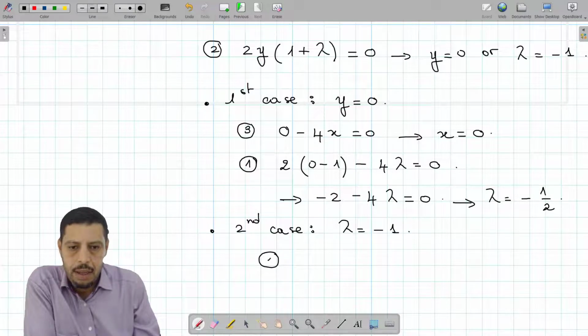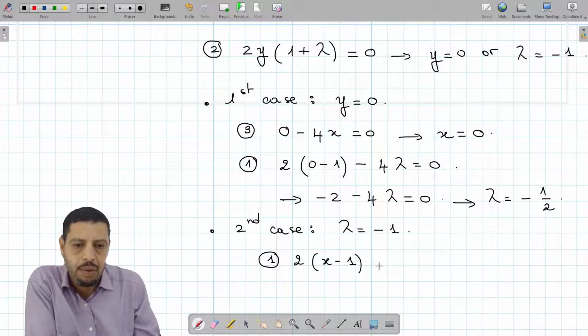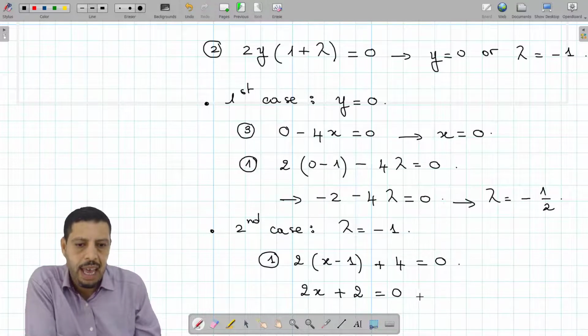Remember that we have 2 times (x minus 1) minus 4 lambda equals 0. The lambda is equal to -1, so we can write plus 4 equals 0. And here we'll get 2x minus 2 plus 4. It means 2x plus 2 equals 0, which means that x equals -1.